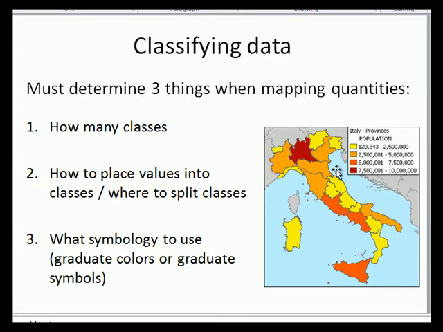So when we map quantities, you have to decide how many classes you're going to map, how to place values into those classes, basically where you're going to split the classes, and what symbol you're going to use. This is a graduated color kind of thing. A graduated symbol would be a small symbol to a big symbol. And we do that often with populations of cities, where you're mapping based on the population of a city tied to a point.